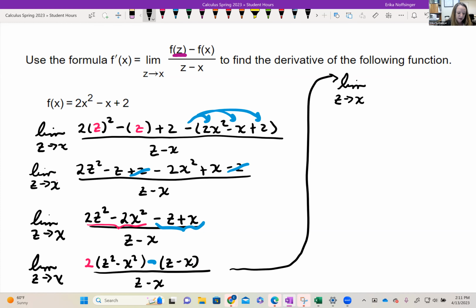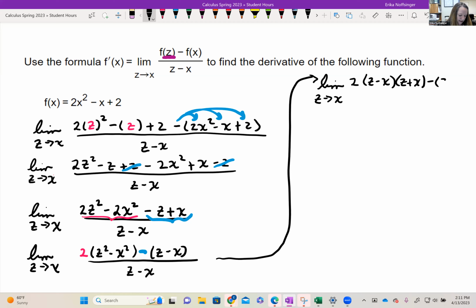We're going to take the limit as z approaches x of 2 times that difference of squares. So we can factor that as z minus x times z plus x. Then we have minus that quantity, z minus x, all over z minus x.